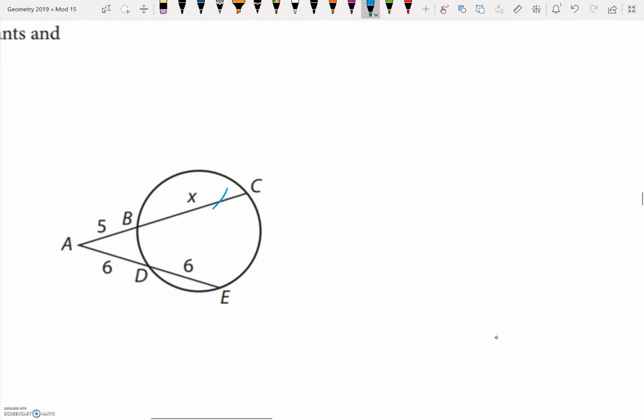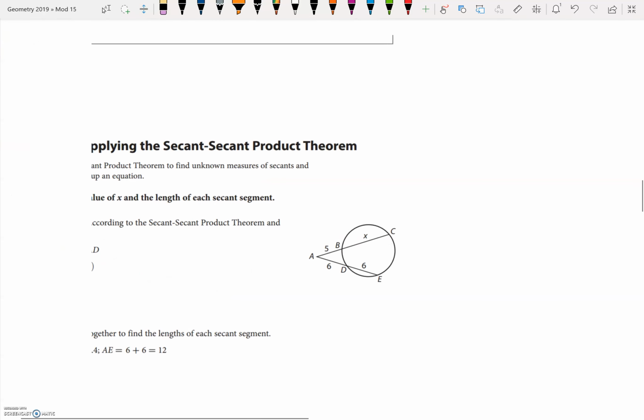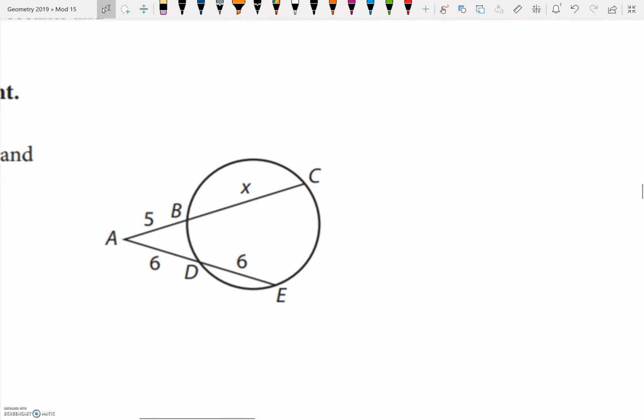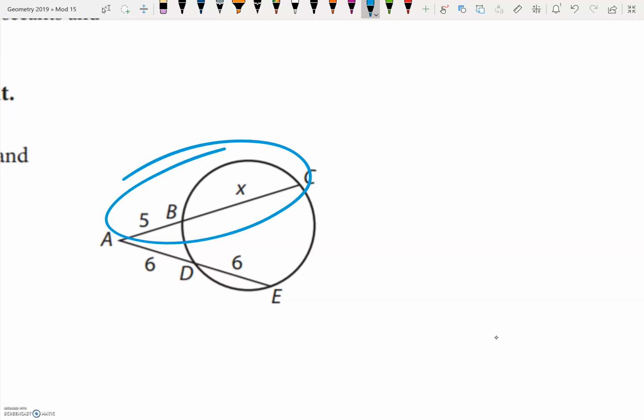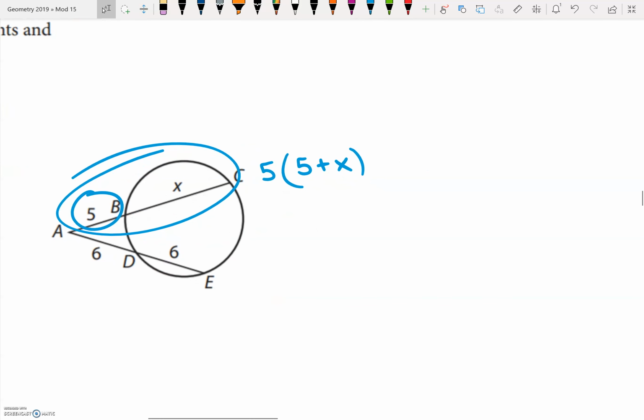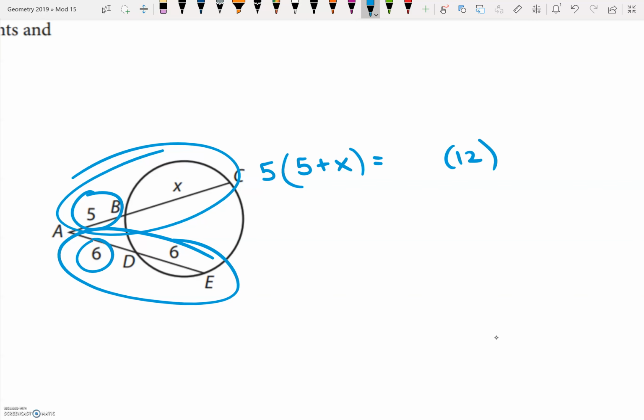We want to solve for x, and we want to find each length. So the entire thing is 5 plus x, times the outside, which is 5. I like to put my outside on the outside of the parentheses. That equals the entire thing, which is 6 plus 6, which is 12, times the outside, which is 6.